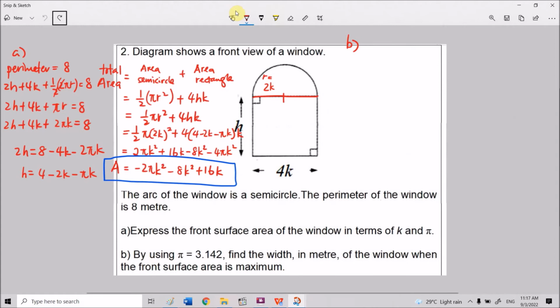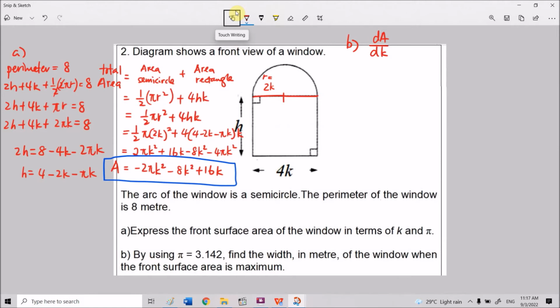If you have problems understanding this part, there's a general way of remembering this. Whenever the question involves area or volume, and you are required to find the maximum or the minimum value, you use differentiation. It depends on what variables are given. For example here, if A and k are given, we have to use dA/dk.